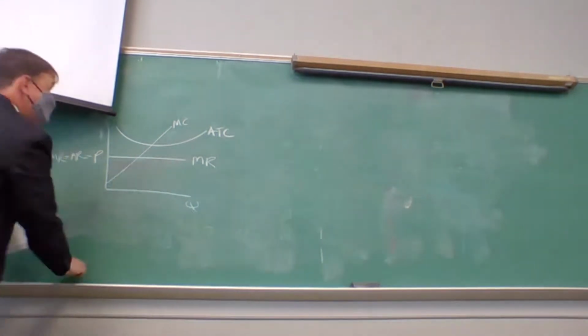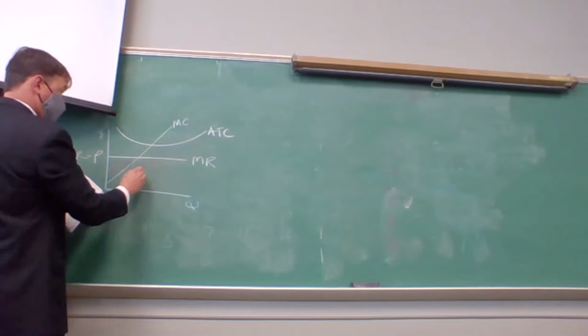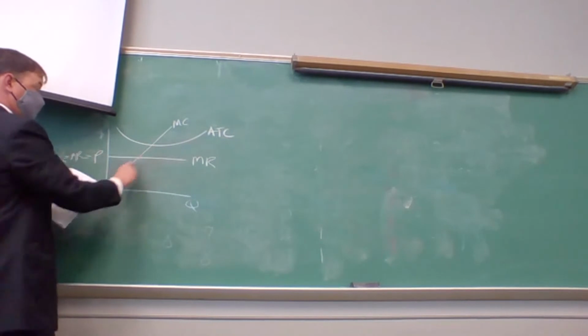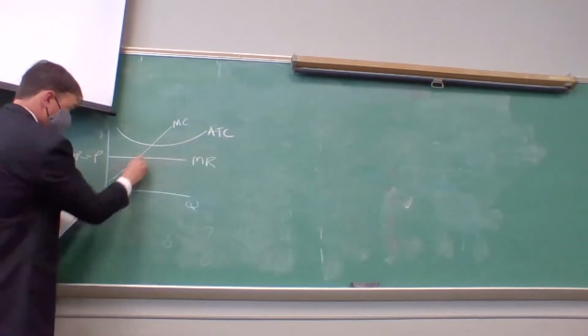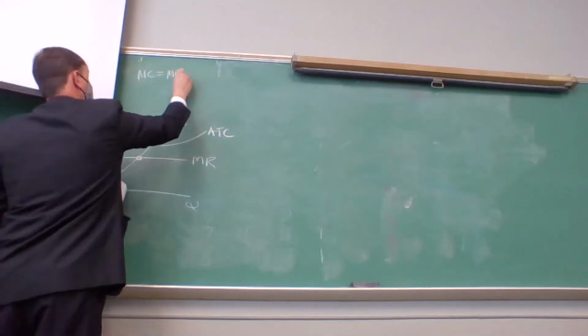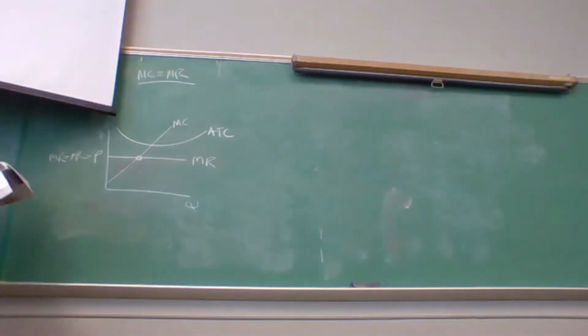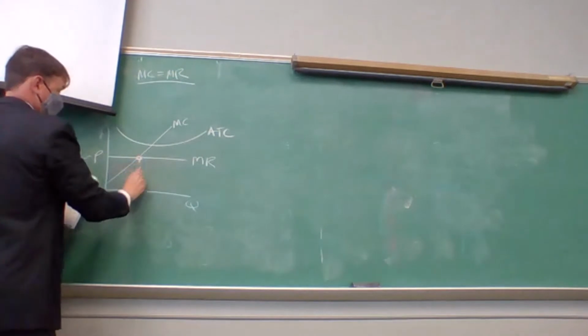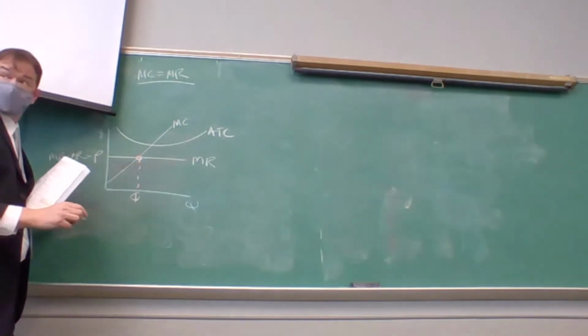All right. Cost is up here. Well, I'm going to operate where? Marginal cost equals marginal revenue, right? I'm going to operate right there. Correct? Okay. That's my quantity, yes? All right.